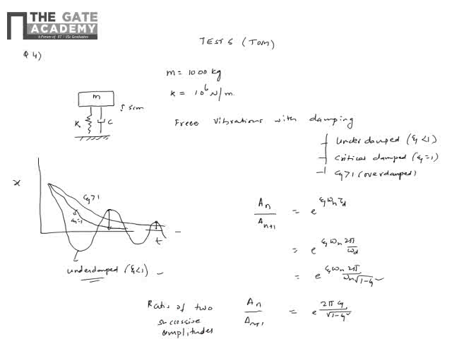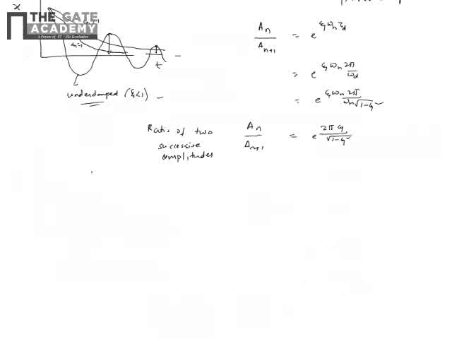Okay, so what is asked is at the start, that is A naught, at the start it is 5 centimeter, and after 10 cycles the machine amplitude is 1 centimeter.